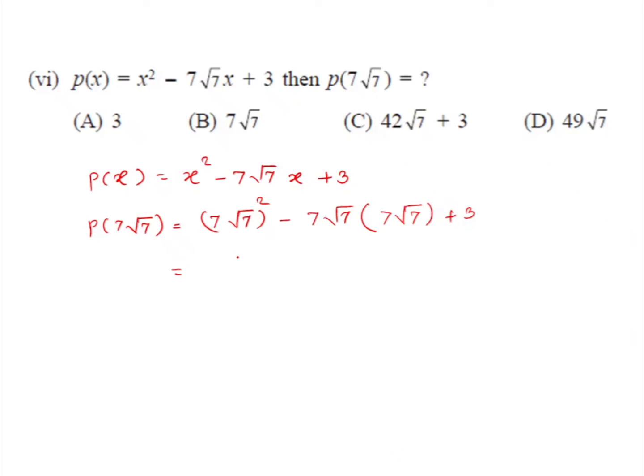So that is equal to 7 root 7 bracket square. We'll keep this as it is, minus 7 root 7 into 7 root 7. It should be 7 into root 7 bracket square plus 3.